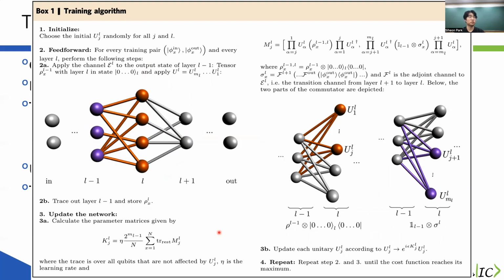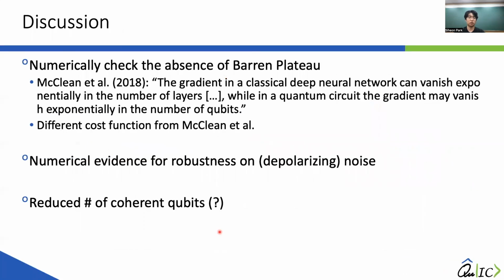I have a question about the last one, the discussion. I'm not really sure how they can compare the conventional quantum network with this version, because it's difficult to talk about, for example, the effective width of the network.